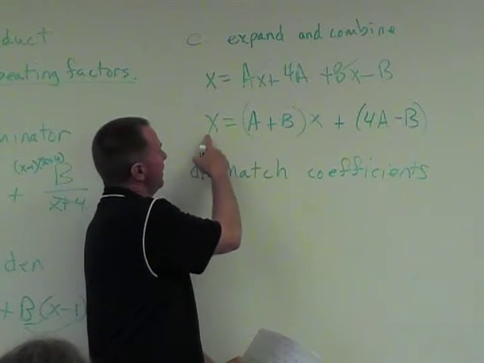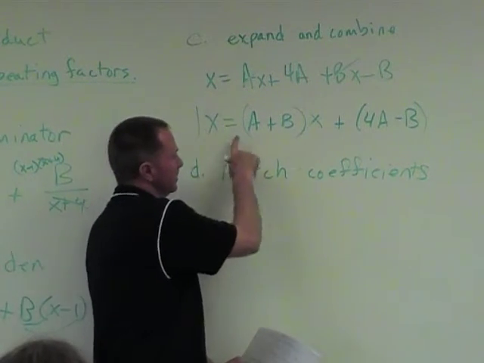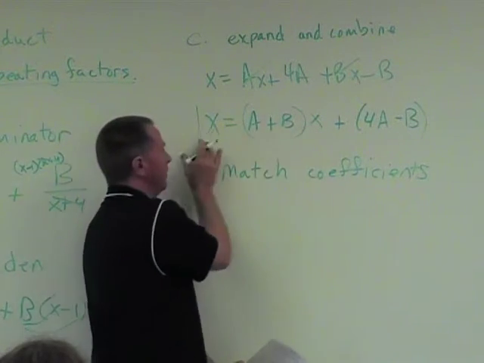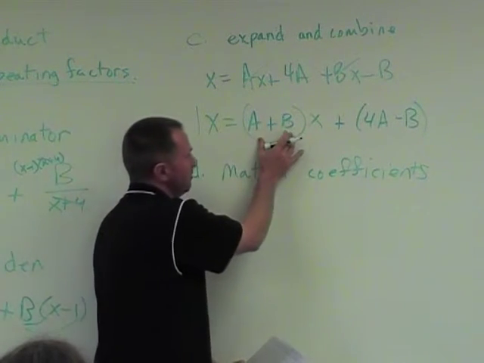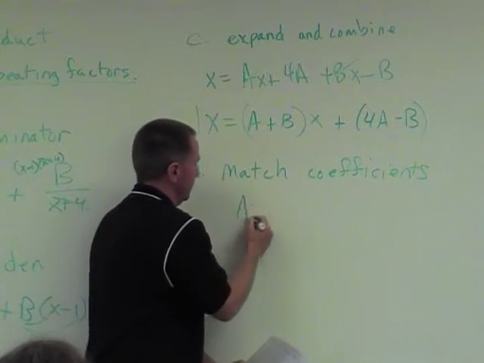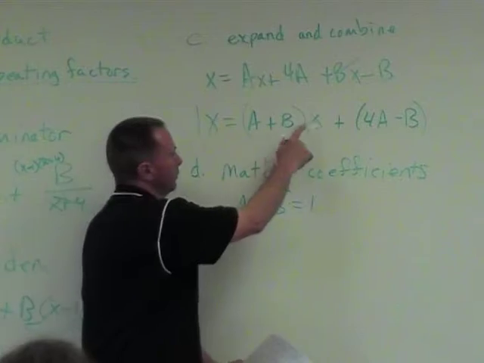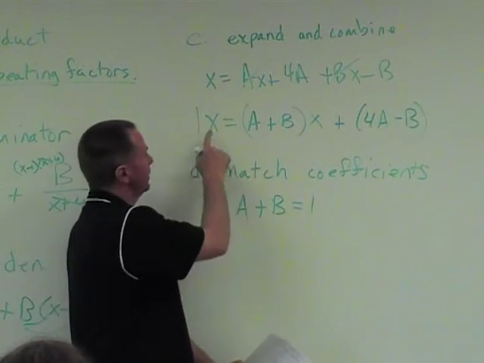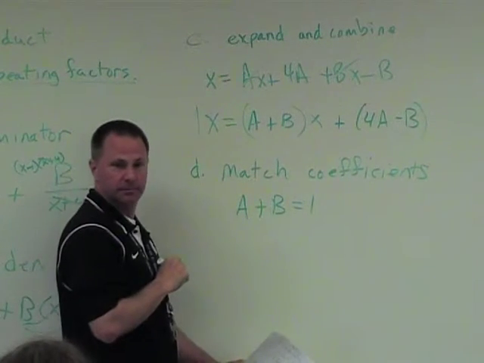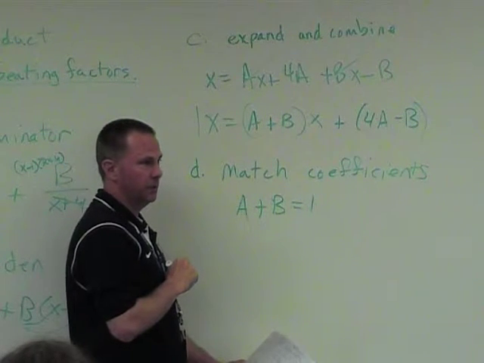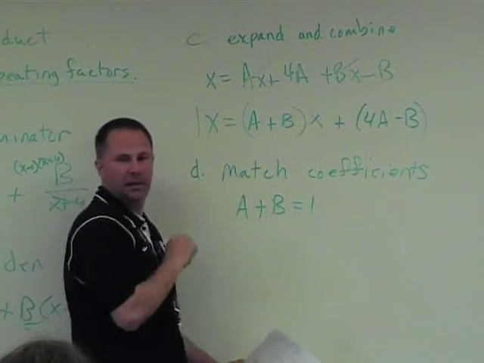So what I have here is a 1x equals this whole thing. Well, this should equal that. So a plus b equals 1. You're matching the coefficient. The coefficient on this x is a plus b. The coefficient on this x is 1. Match your coefficients.